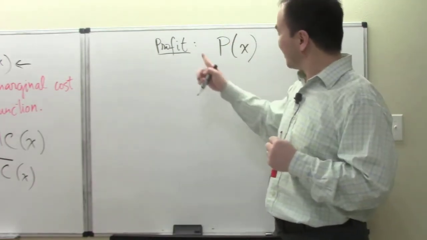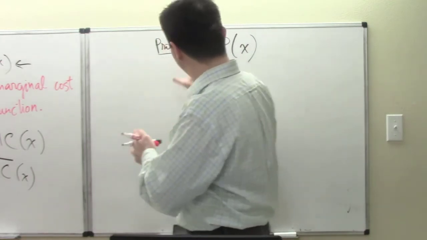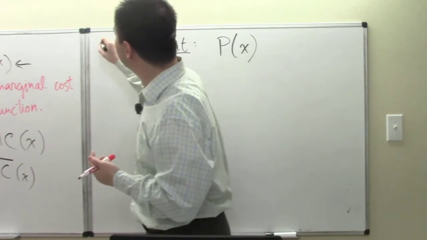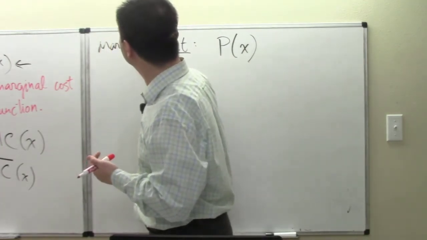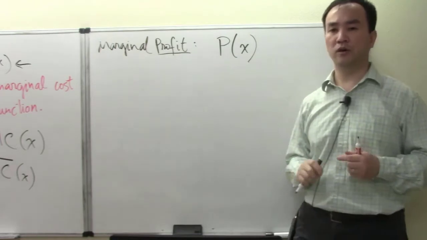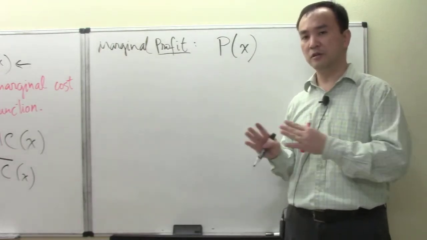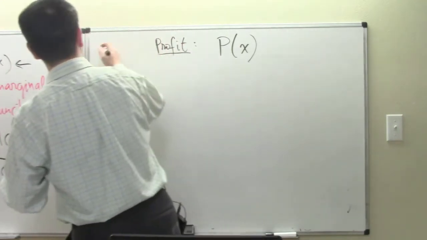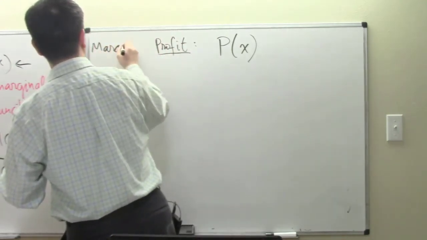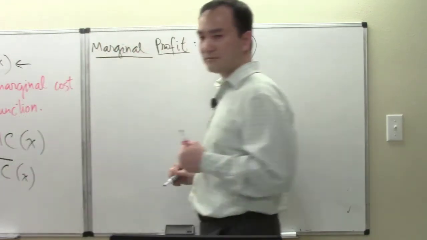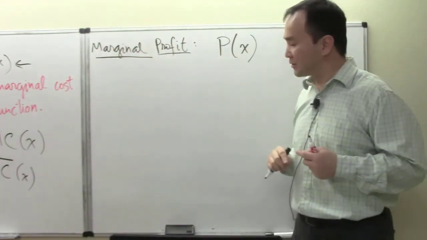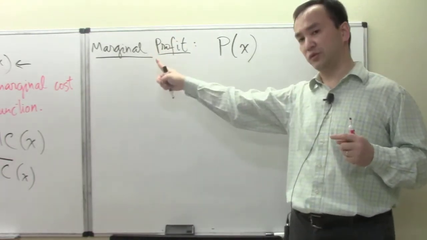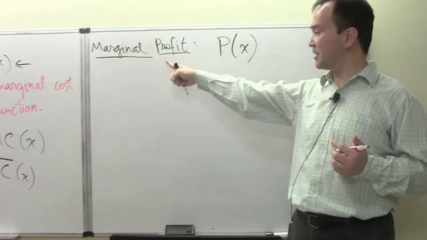If profit is defined as a P of x function, then yes, we can also find the marginal of the profits, or for short, marginal profits. Let me correct my writing a little bit. So these are the three fundamental quantities that anyone doing business should always be aware of, and on top of any of those three quantities, we can always find the marginals.